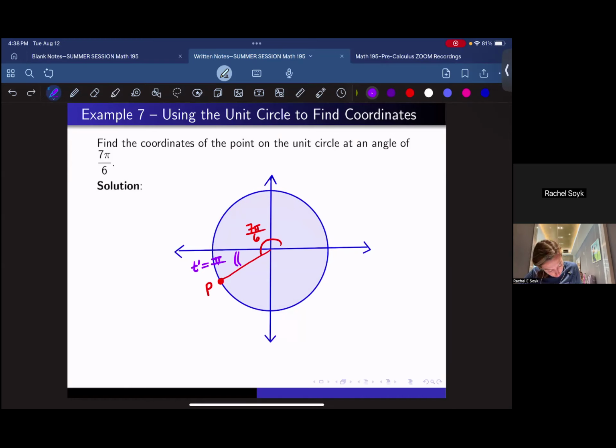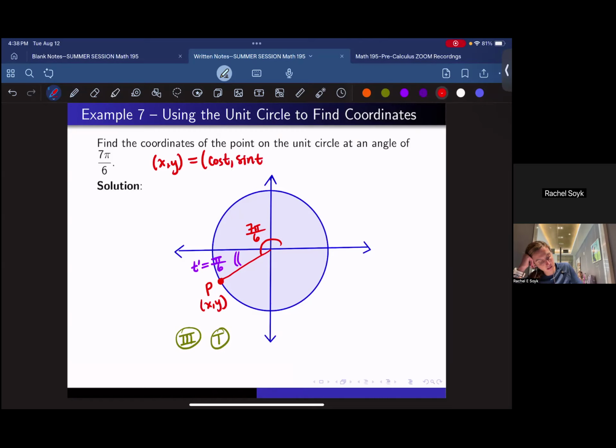What quadrant are we in? We're in our third quadrant, so only tangent-related functions are positive, and so our sine and cosine are going to be negative. We have our x comma y, and in polar coordinate form that's just cosine t comma sine t.